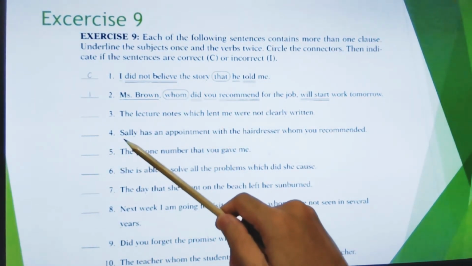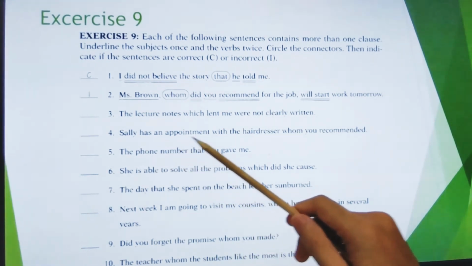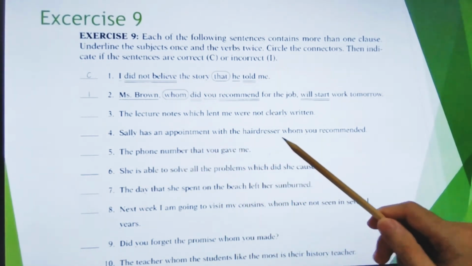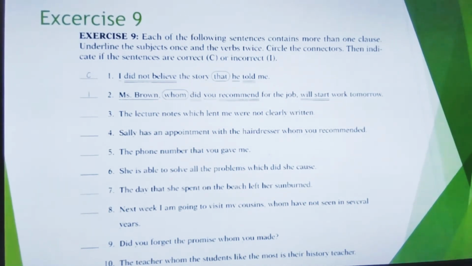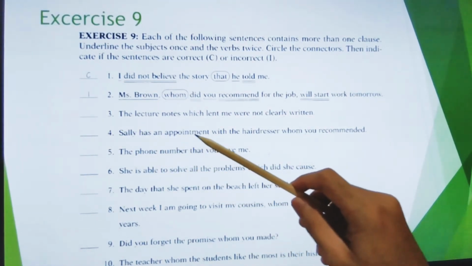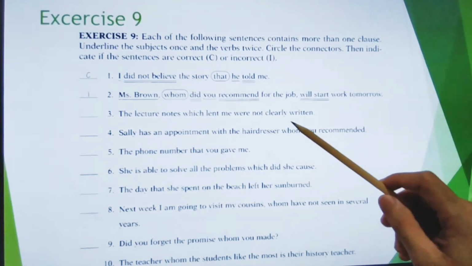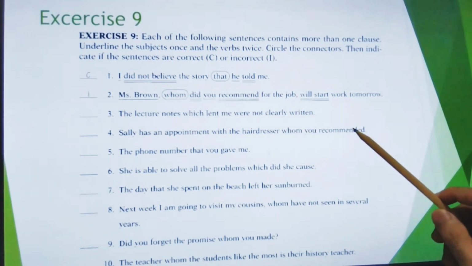Okay, so number 4, Sally has an appointment with the hairdresser whom you recommended. So what about this one? Is it correct or incorrect? Sally as a subject, as a verb. Okay, so these connectors, you recommended.